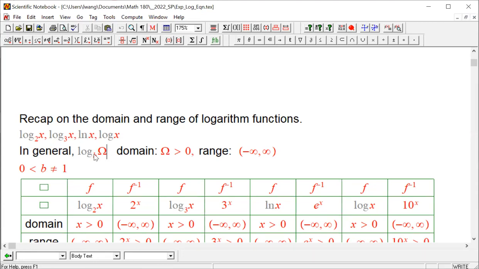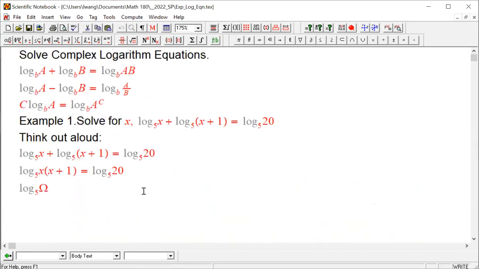In general, this is a one-to-one function. As a result, the outputs are the same, and therefore the inputs are the same. Well, in fact, it's an increasing function.